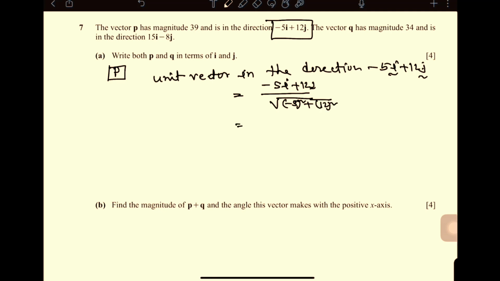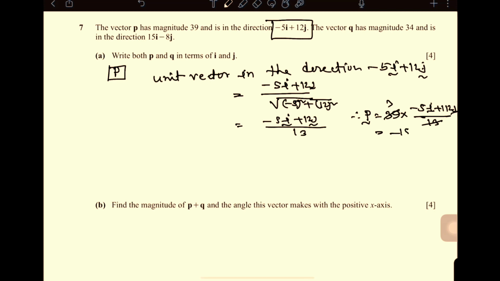So we can write this as minus 5i plus 12j divided by 13. So therefore p equals its magnitude times the unit vector in that direction. Unit vector is minus 5i plus 12j divided by 13, times 39. So let me simplify: minus 15i plus 36j.